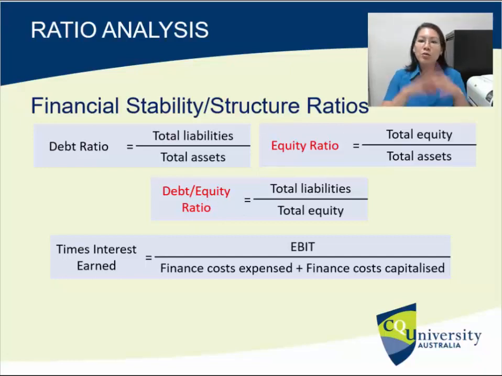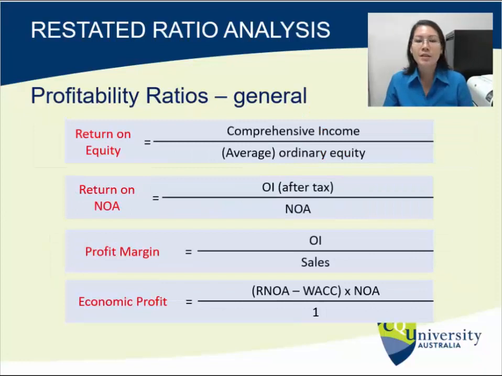So that's our general ratios. Now I'll just cover our restated ratios. There's only 6 of them, 6 restated ratios. And again, they're pretty much the same concept as what we've covered already. In your assignments, I expect you to compare one with the other, because that's the whole point of restating.